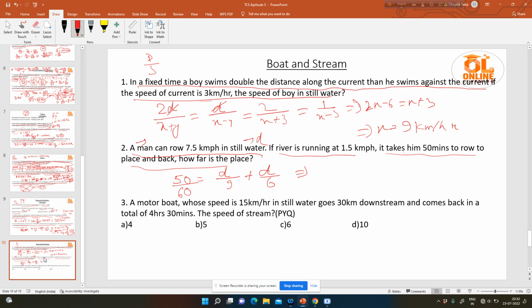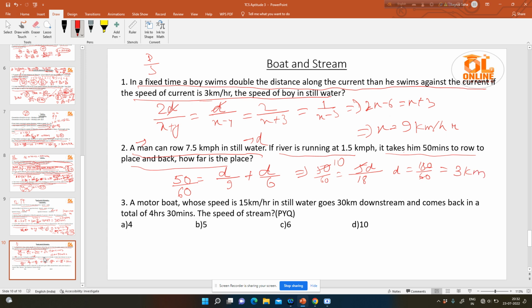So now if we solve this, 15 by 60 is equal to, what would be the LCM? It would be 18, it would be 5d, 5 and 10 cancel, okay. D is equal to 180 by 60, it would be 3 kilometer.